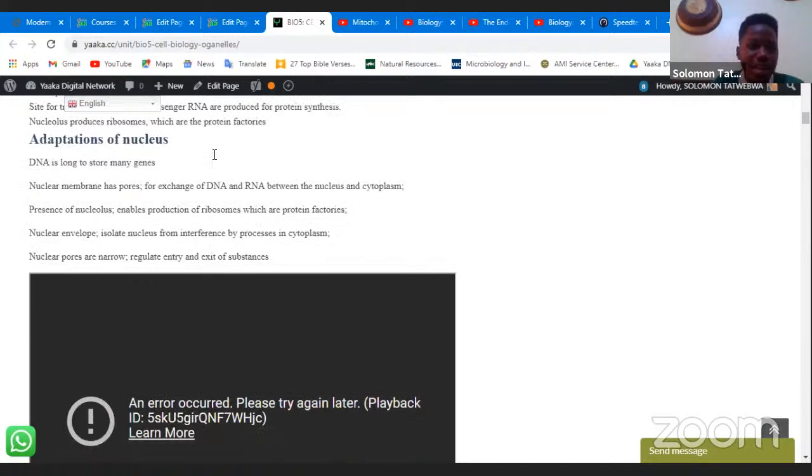All right, let's look at the adaptations of the nucleus. DNA is long in order to store many genes. This is why it is wound into the nucleus in the form of chromosomes or chromatin. The nuclear membrane has pores for exchange of materials between the nucleus and the cytoplasm. We talked about this. The DNA cannot move out of the nucleus, but the RNA can.